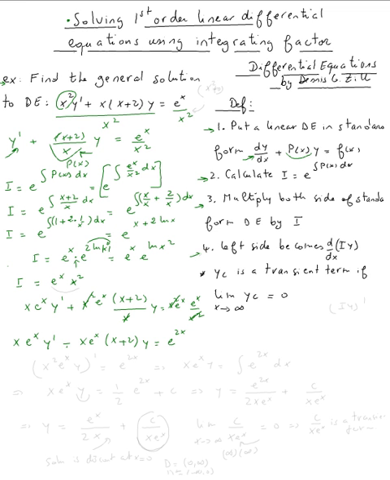Number 4, the left side becomes d over dx of I y, the same thing as I y prime, right? So what is I? This is my I, the integrating factor, so d over dx of x squared e to the x times y is equal to e to the 2x, right? This means we take the integral with respect to x of both sides.